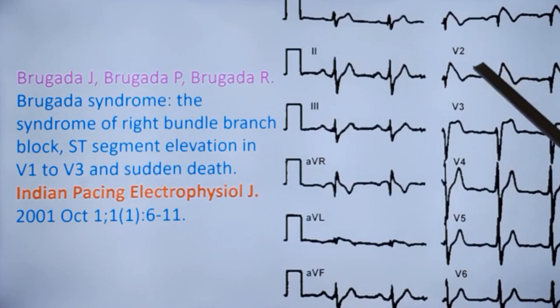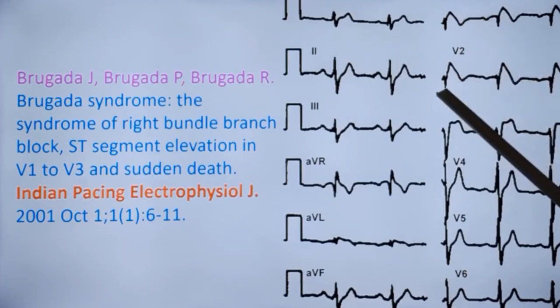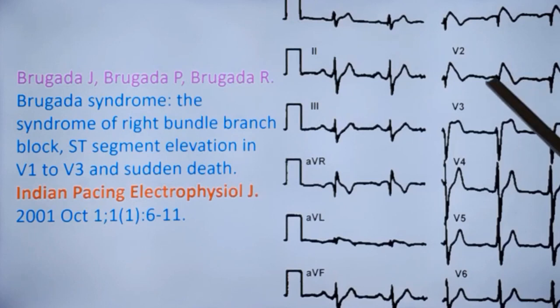This pattern can occur with or without symptoms, and sometimes with a family history of sudden cardiac death. So this is the typical Brugada syndrome ECG, which can be easily mistaken for an acute myocardial infarction with ST elevation in anterior leads, and may be taken as a STEMI if the person presents with chest pain for some other reason.